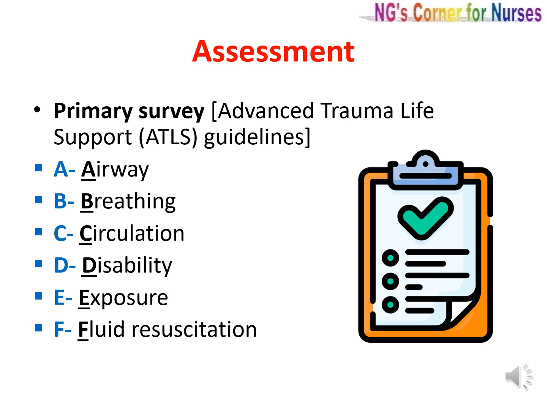E for exposure. The patient should be completely exposed and out of clothes. Exposure of all orifices must be conducted in this part. F for fluid resuscitation. This is a mainstay in the burn management. We will discuss this point later.